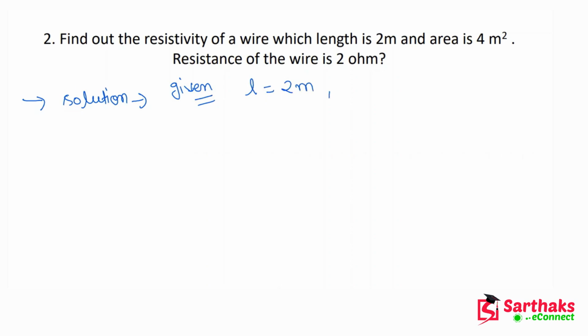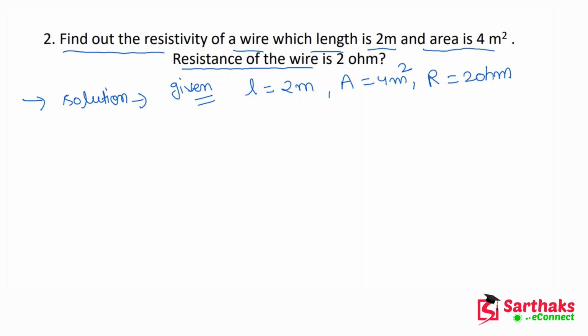We also have been given the area, that is 4 meter square. And we also have been given the resistance of a wire, and that is 2 ohm. Let's read this question. Find out the resistivity of a wire whose length is 2 meter and area is 4 meter square, and resistance of the wire is 2 ohm.